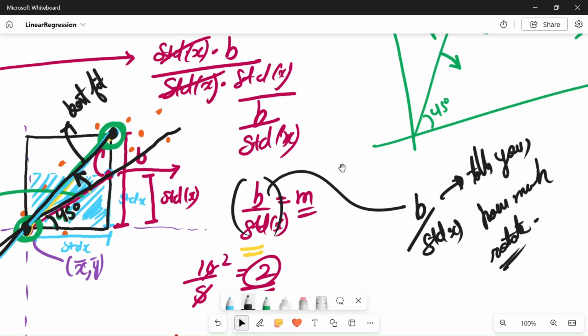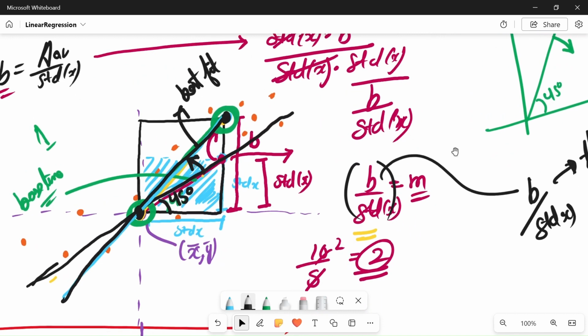Okay, so b upon standard deviation of x tells you how much rotation you have to perform to get to the line of best fit. This ratio gives you the magnitude of rotation needed to get to the best fit line.